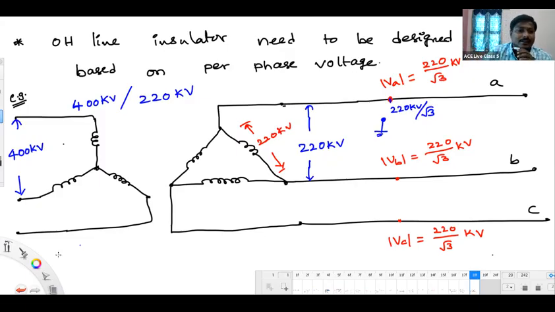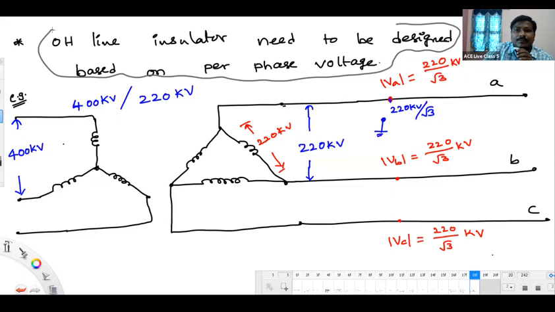Irrespective of the winding connection, the overhead line insulator has to be designed based on per phase voltage only. Irrespective of transformer winding connection, we have to design the overhead line insulation level only based on the per phase voltage, not the so-called line to line voltage.